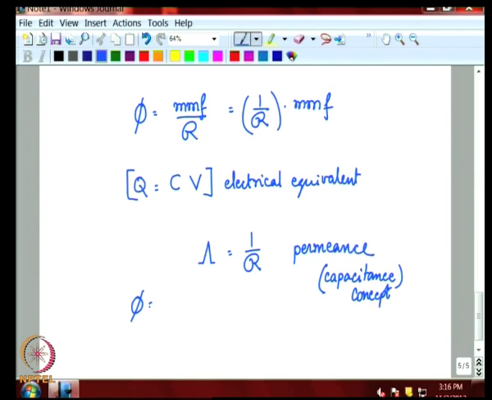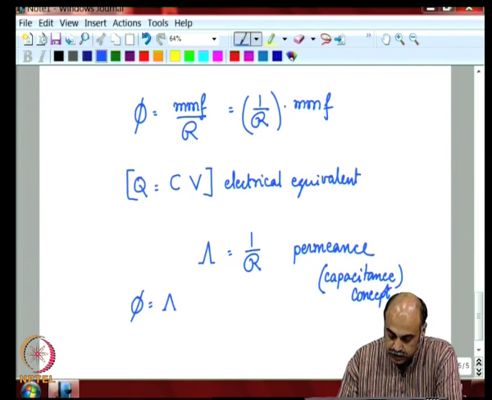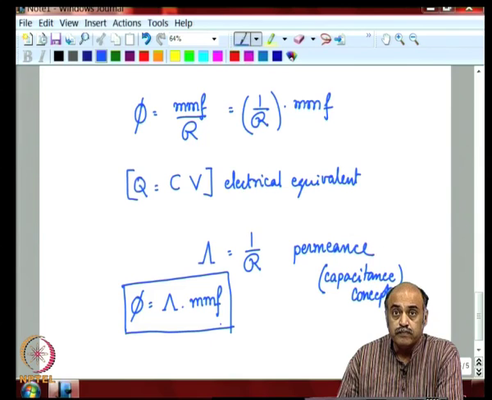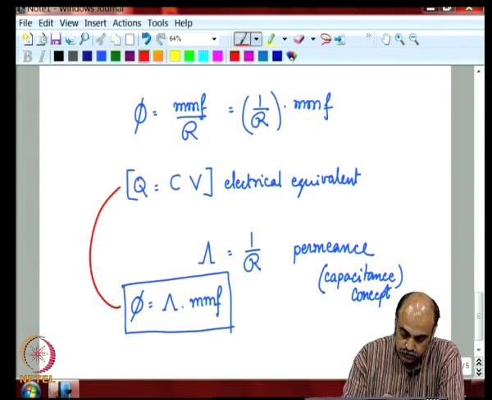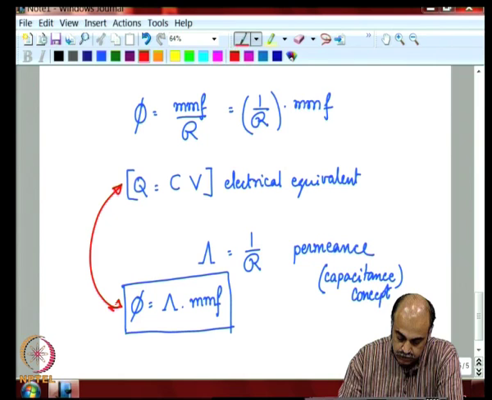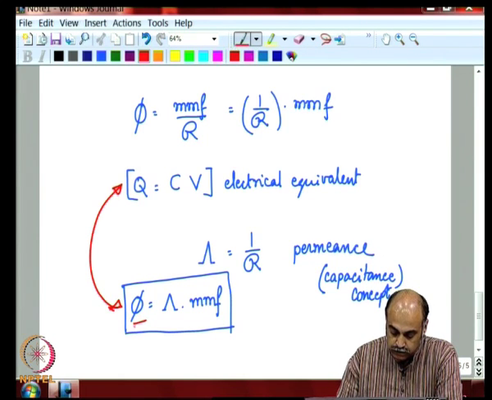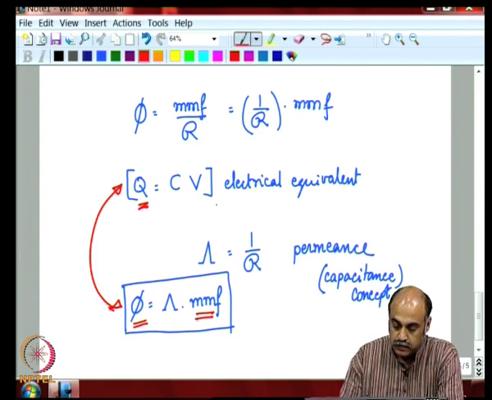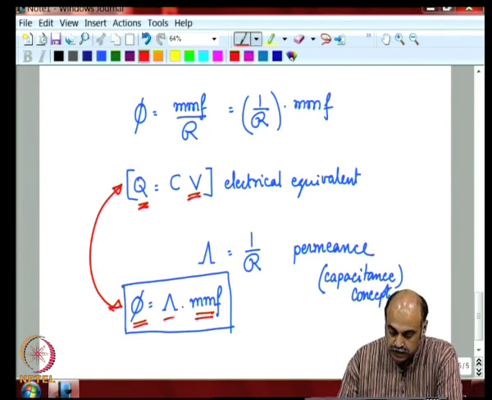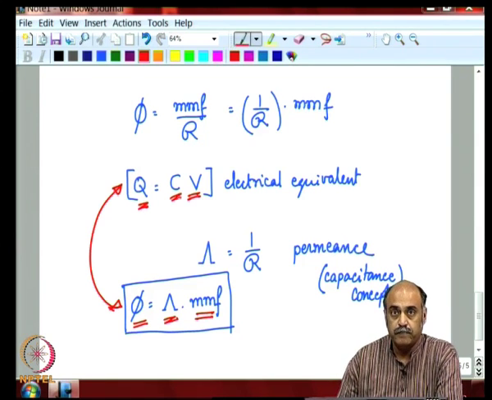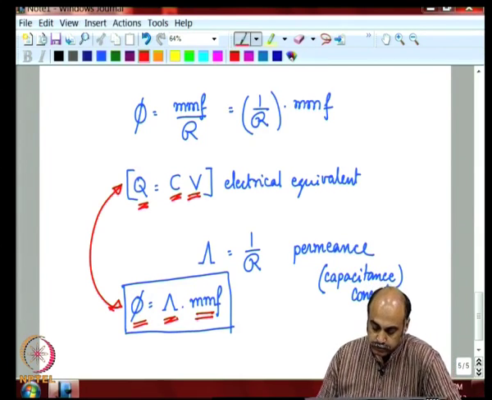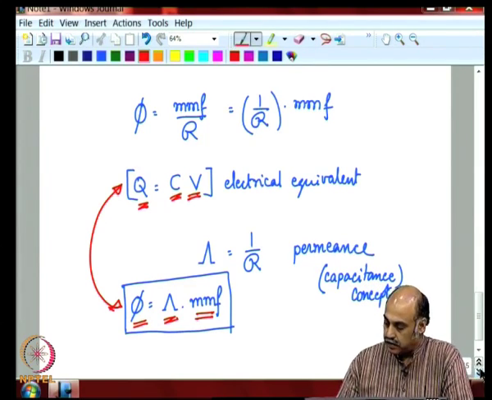So, phi is equal to permeance into MMF. Now, compare these two. Flux is like the charge, MMF the potential, permeance is like the capacitance. So, the reluctance is equivalently 1 by C.